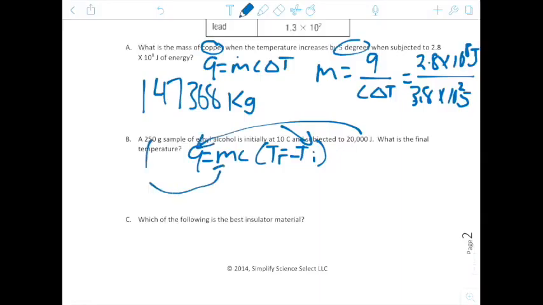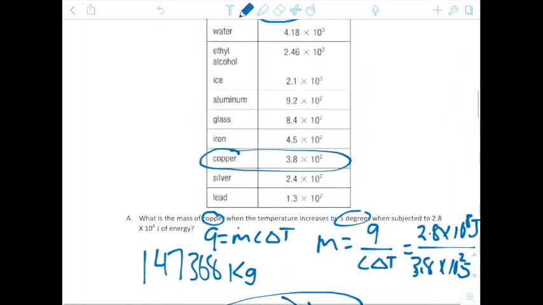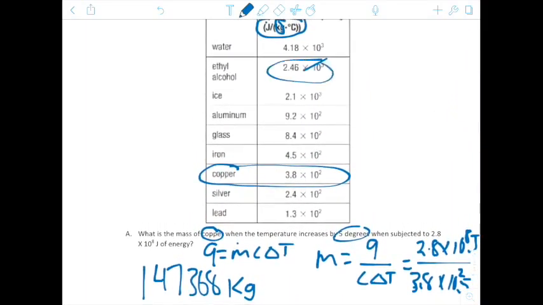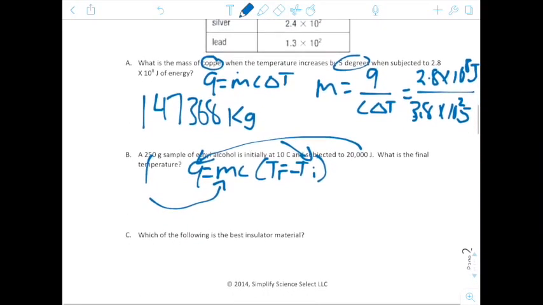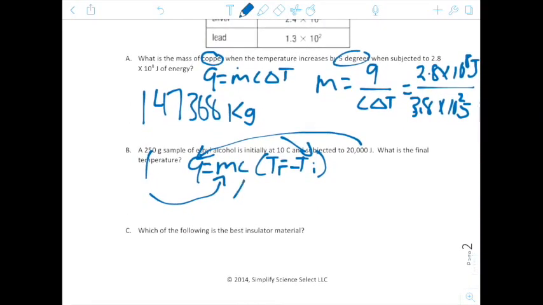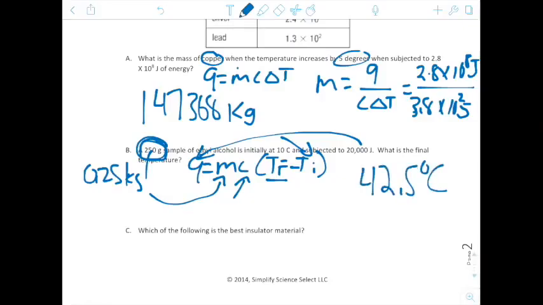Our mass is 250 grams, and since this is ethyl alcohol, we come up here, we find its specific heat, and we would plug that into C. Now remember that our unit for specific heat is joules per kilogram, so this 250 grams needs to be converted to kilograms, which is 0.25 kilograms. Plug all those variables in and then solve for the temperature final, and we should get a final temperature of 42.5 degrees Celsius.